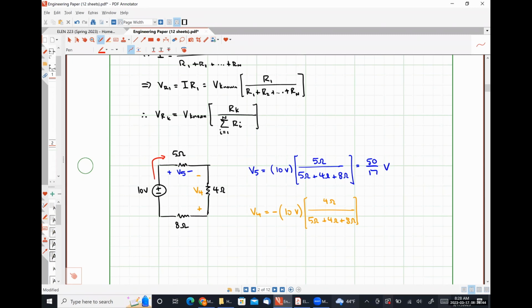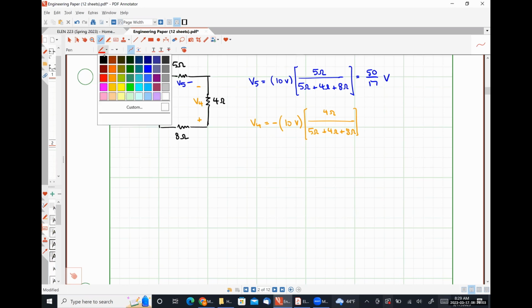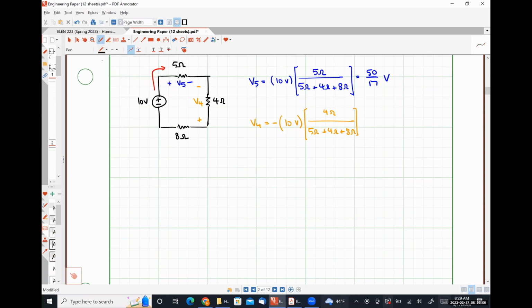All right. So you might be thinking to yourself, this seems pretty limited in its application because it requires us to have series resistors. That's not entirely true. It just requires us to be able to combine things together to make it look like they are in series. So let's say that we had a situation like this.